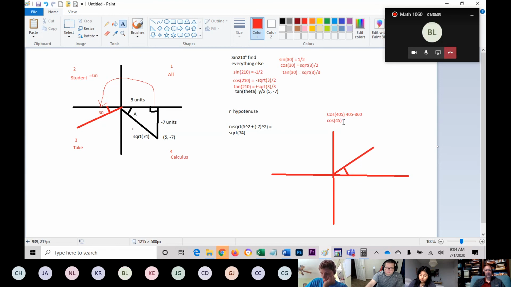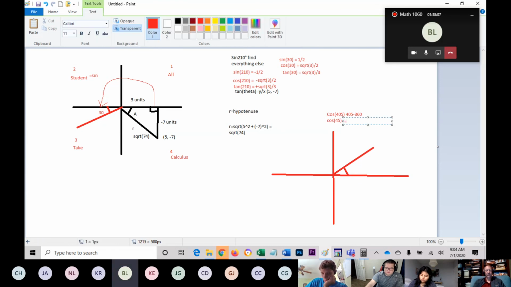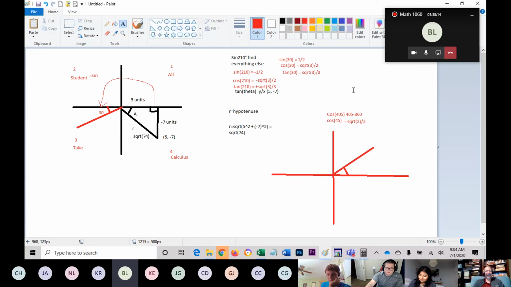The square root of 2 over 2? Yeah, that's it. Okay, very good, well done. Square root of 2 over 2, and it's positive because everything's positive.